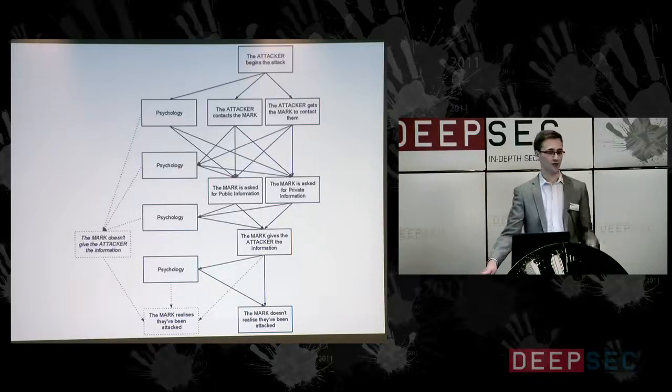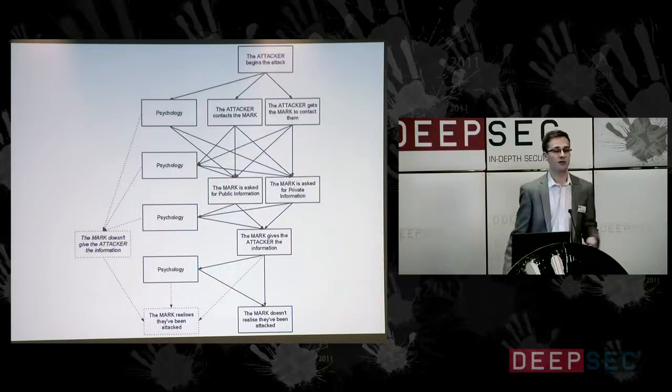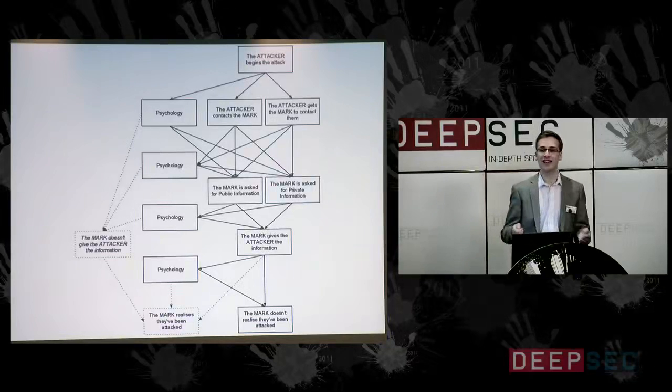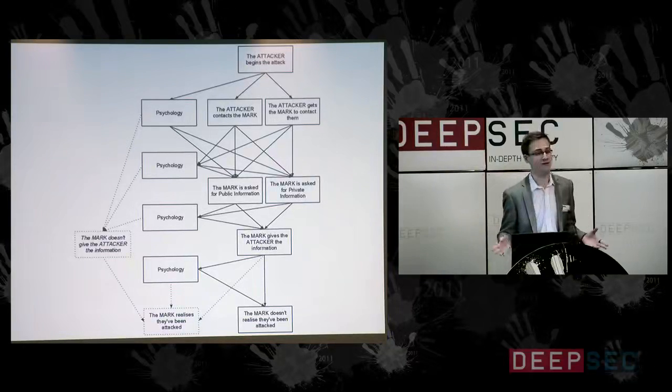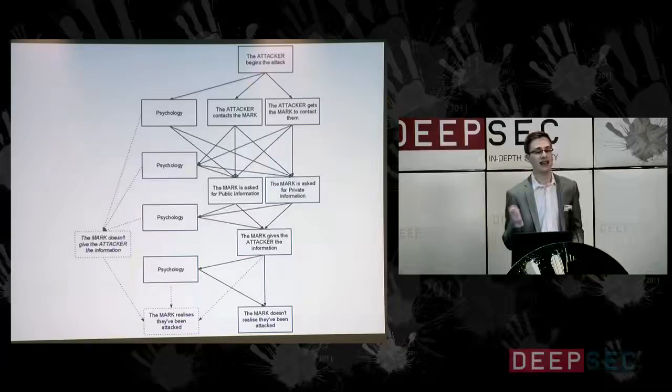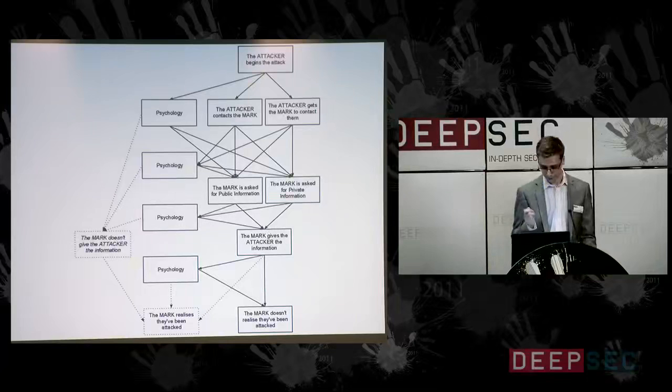Needless to say, the marks rang the number and were directed to his mobile phone. From a psychological point of view, they immediately assumed he was a police officer, he is genuine, we can tell this guy stuff. No, in fact, he's a social engineer. Hence why there's the second box, the attacker gets the mark to contact them.